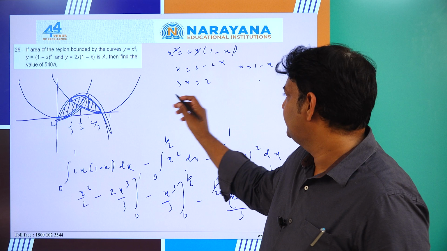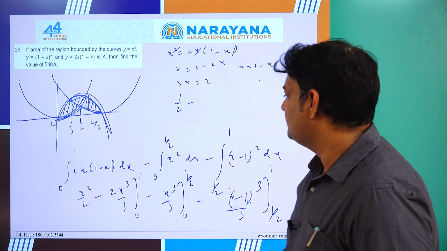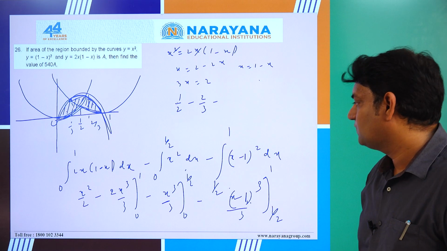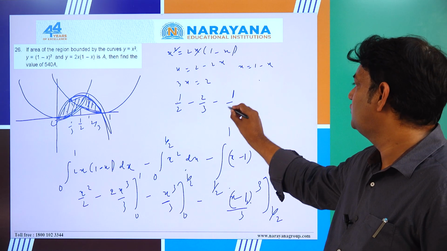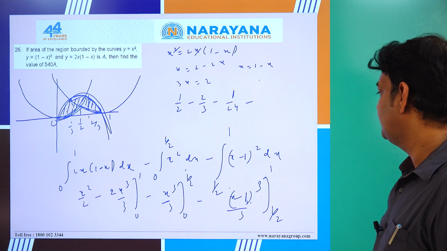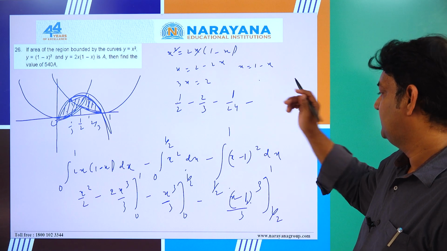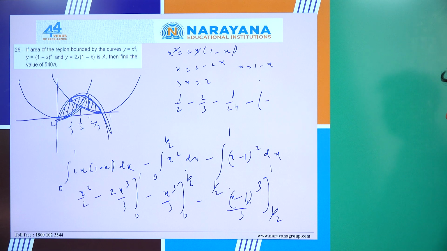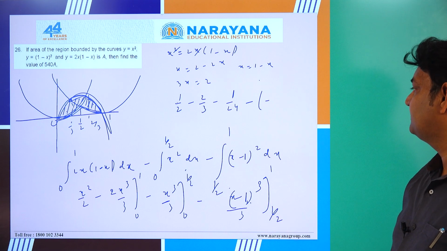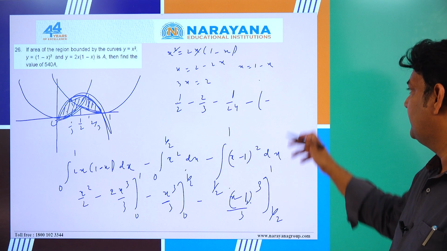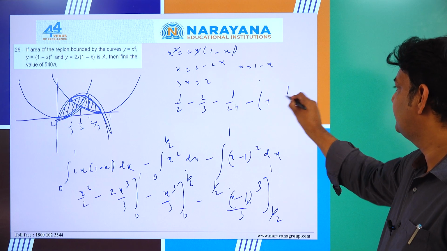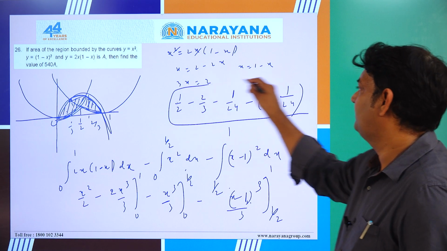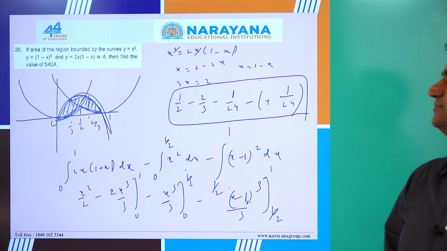This calculation we can do: that is 1 by 2 minus 2 by 3, minus 1 by 8 by 3, that is 1 by 24, minus the upper limit 0 minus the lower limit, which gives plus 1 by 8 by 3, that is 1 by 24. If you just find this value, your answer will come.